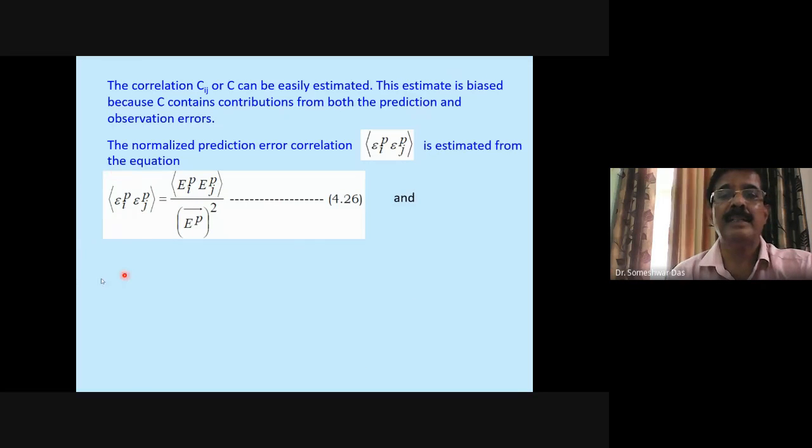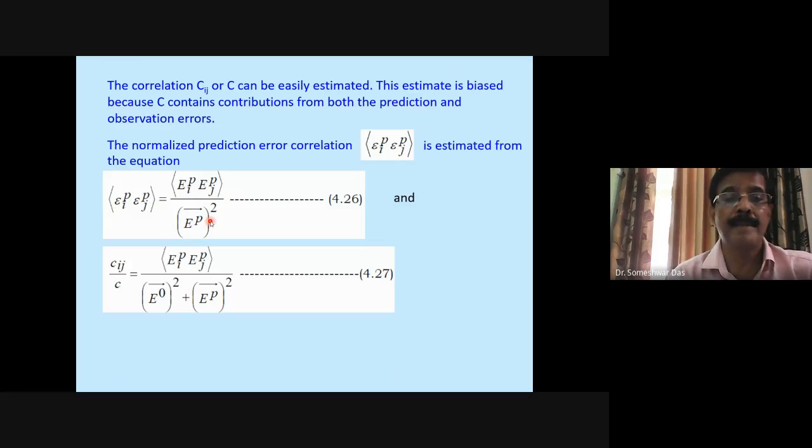This is the covariance matrix or error correlation between EIP and EJP, equal to the ratio of capital EIP times EJP divided by square of the EP. And similarly, Cij divided by C is equal to the ratio of EIP times EJP divided by EOS square plus EPS square.